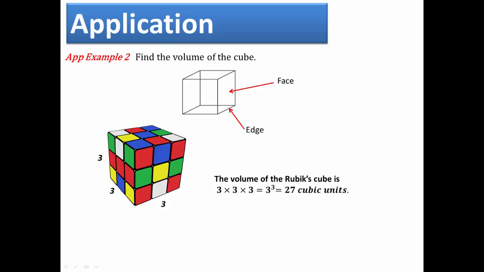For this reason, it is common to use the phrase 3 cubed to express the exponential expression 3 raised to the 3rd power. It is important to realize that the term cubed may be used when we raise any base to the 3rd power.